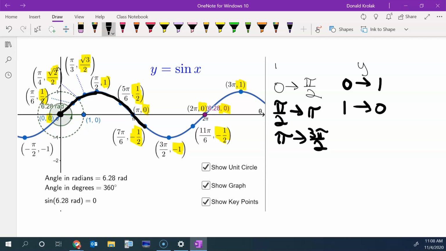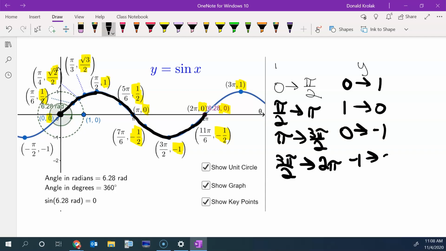Angel? -1, yeah. So that's all you're doing on the problem, guys. And then as I go from 3 pi over 2 to 2 pi, the y coordinate increases from -1 to 0. That's what you're describing on that problem.